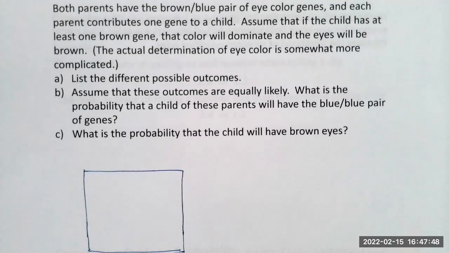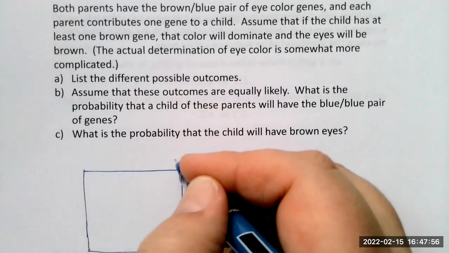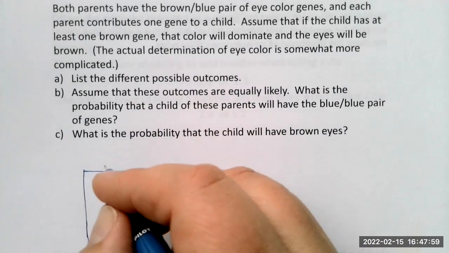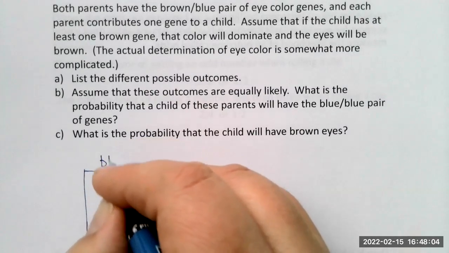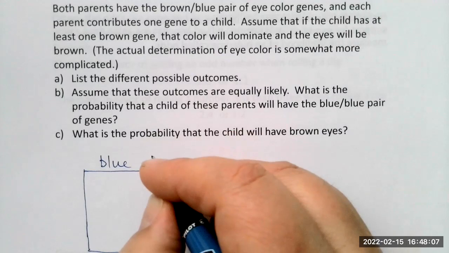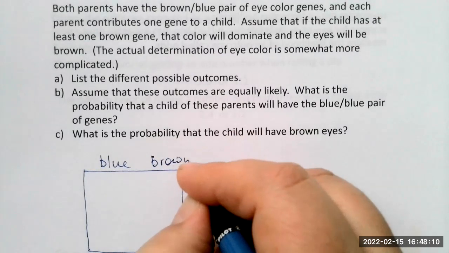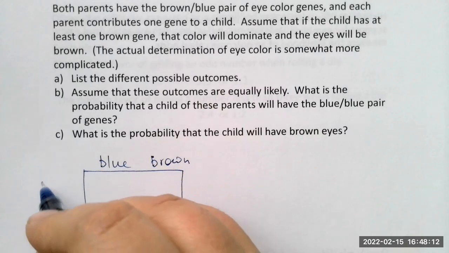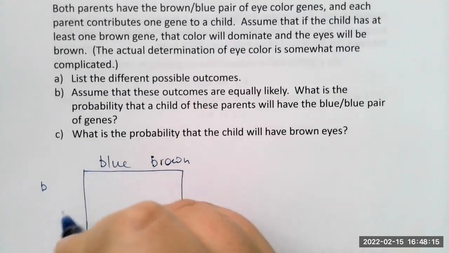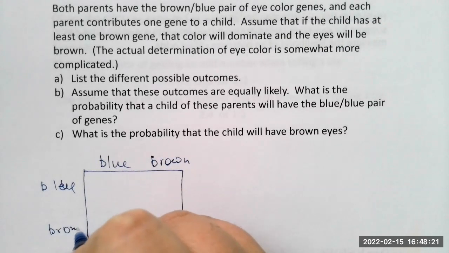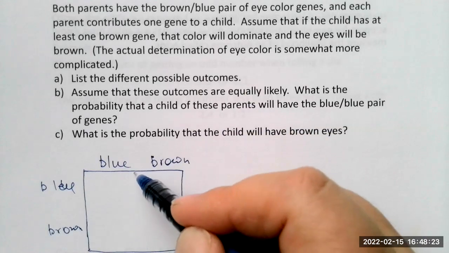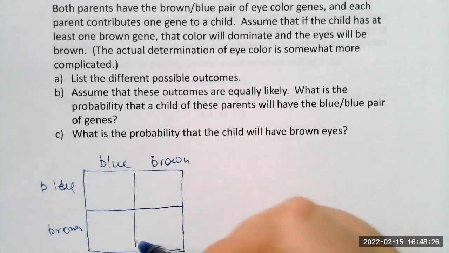Since both parents have blue and brown eye color genes, let's say this side represents the genes that the mother has. So we have blue and brown. And this side represents the genes that the father has, blue and brown. And then inside the table, we're going to have the genes contributed to a child.